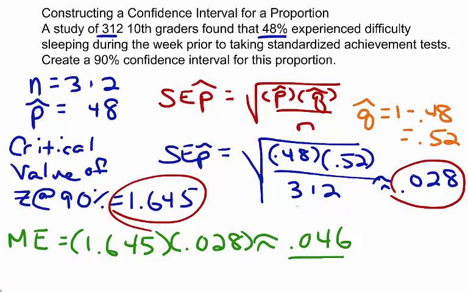Therefore, our confidence interval is p hat, 0.48, plus or minus 0.046.